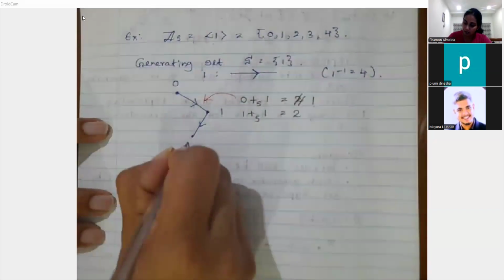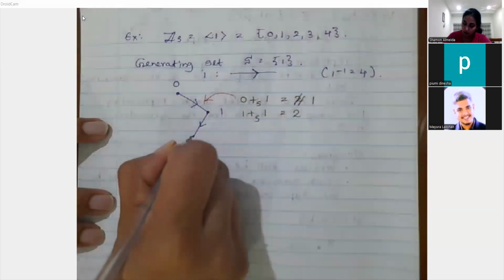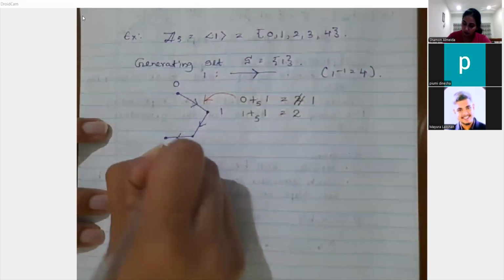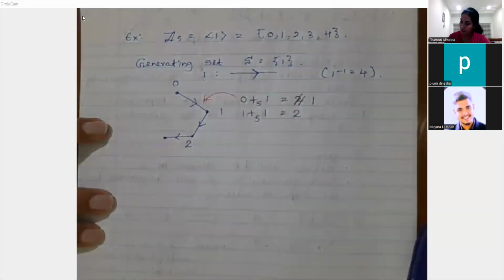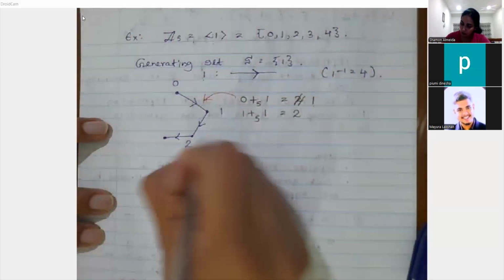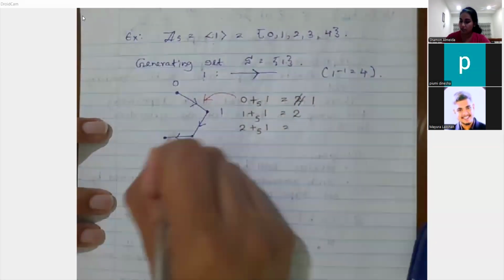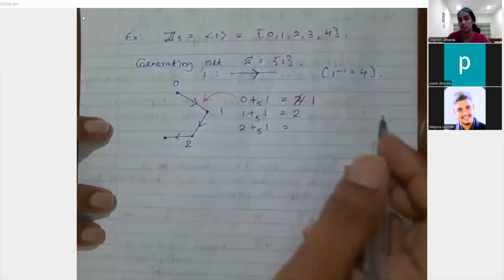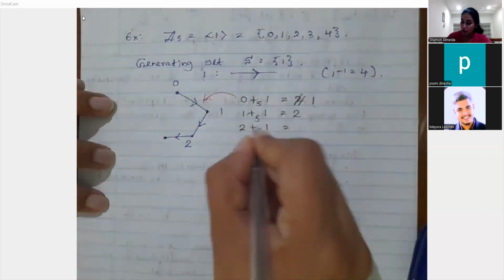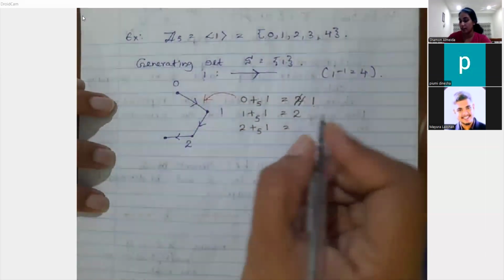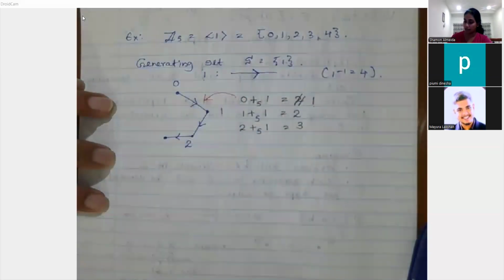So this other element is 2. From 2, we are only adding 1 because there is only one edge, and to this edge corresponds the value 1. 2 plus 1, divide by 5, take the remainder, you've got 3.